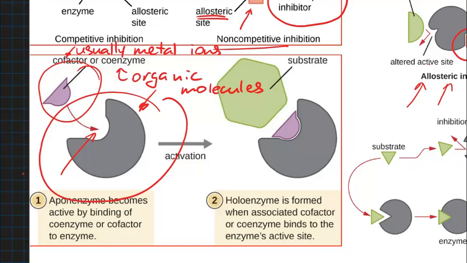When the apoenzyme and cofactor or coenzyme finally bind together, they form what's called a holoenzyme. And this holoenzyme now has the functional active site which can bind a substrate. So the holoenzyme is actually active. Okay, sounds good?